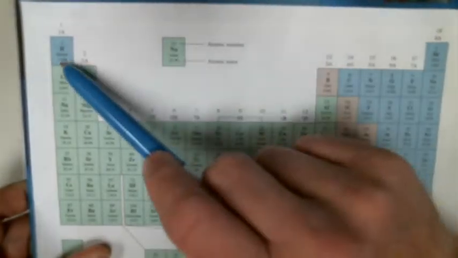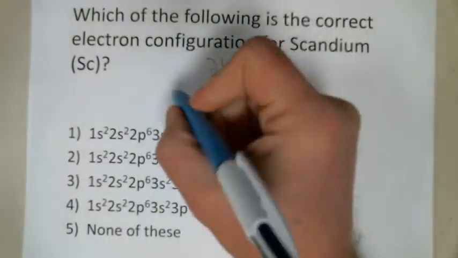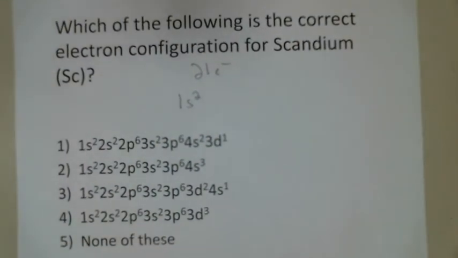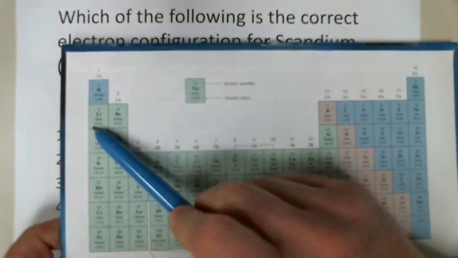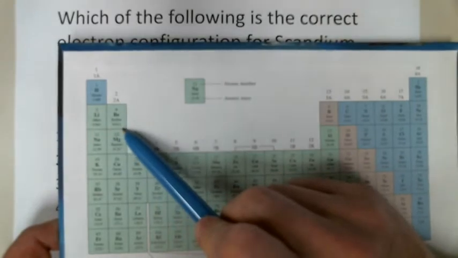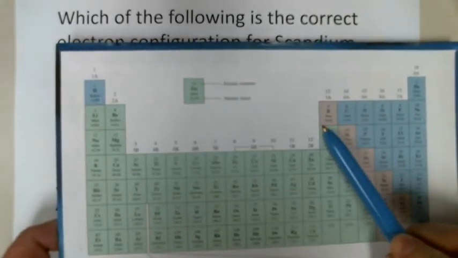And in that shell, n equals 1, there's only one subshell, the 1s. That's why there's only 2 elements. So we'll fill that up: 1s2. Then we drop down to the second row, n equals 2: 2s, 2p. 1, 2, 3, 4, 5, 6.